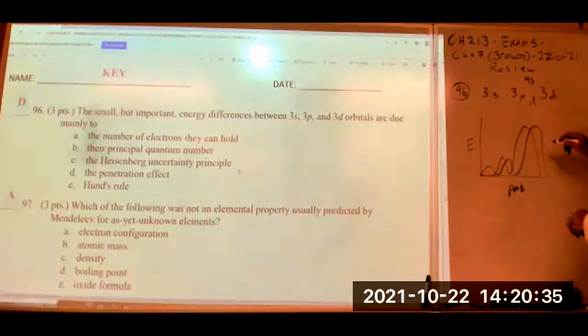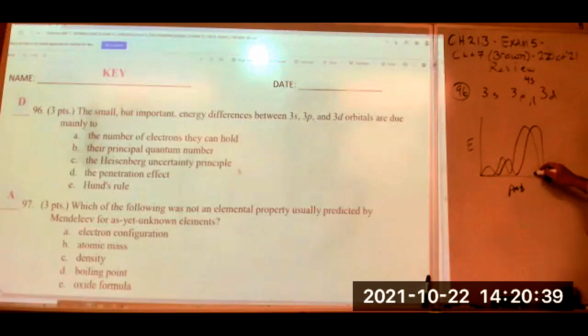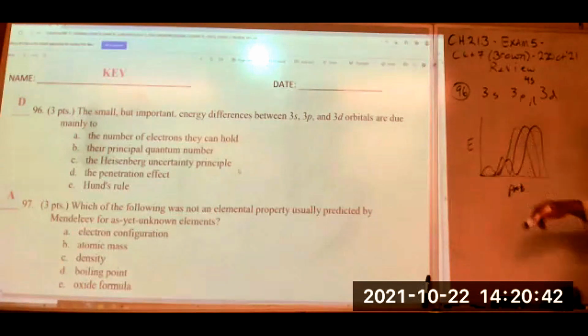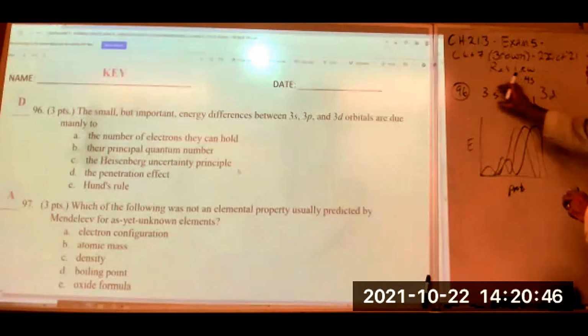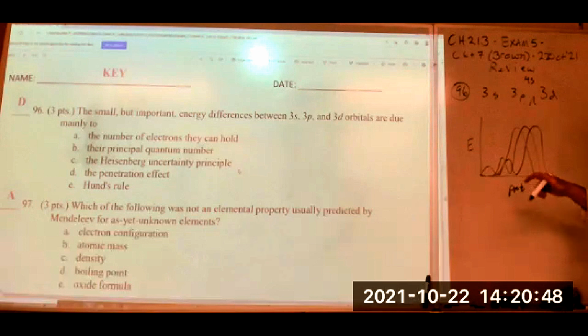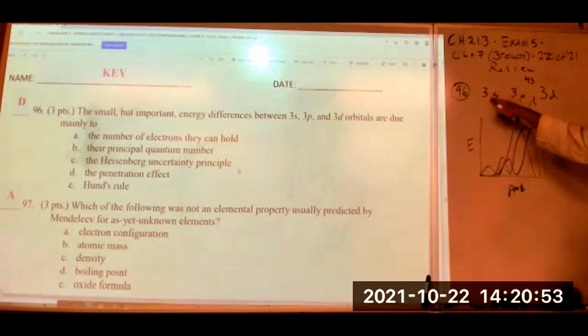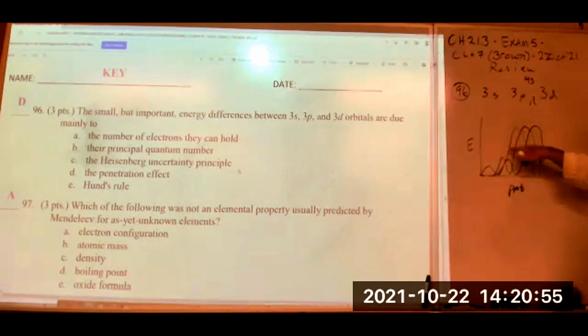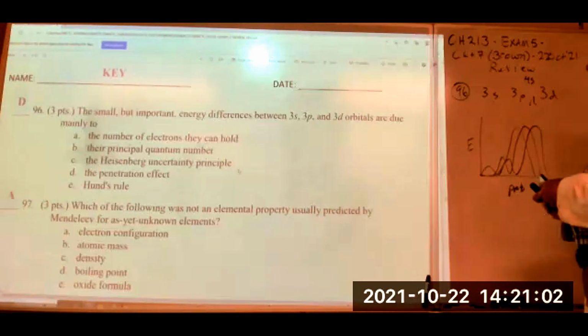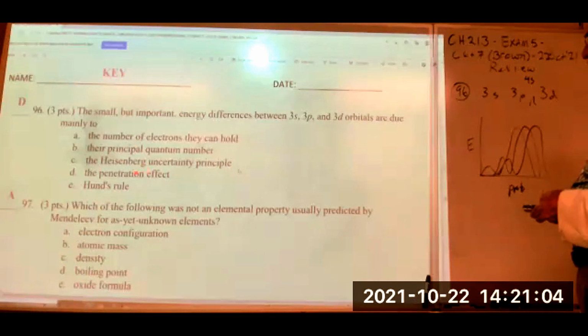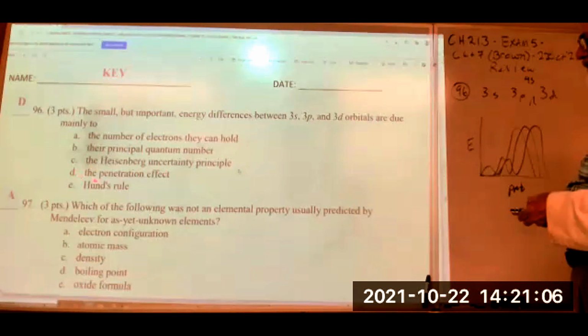And the 3d is going to have no nodes. It's going to start in here like this. So the slight differences in energy are due to penetration. This one penetrates deepest, this one penetrates the next deepest, and this one penetrates not at all. So the answer would be the penetration effect.